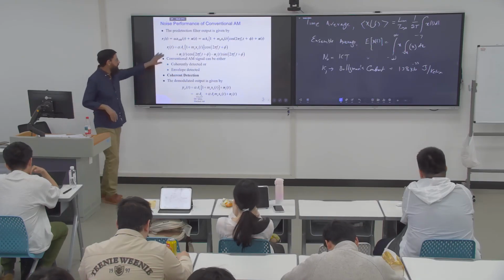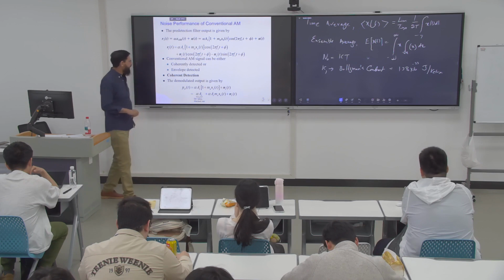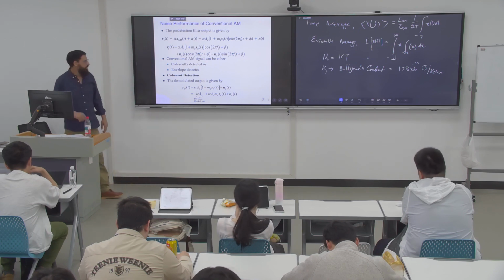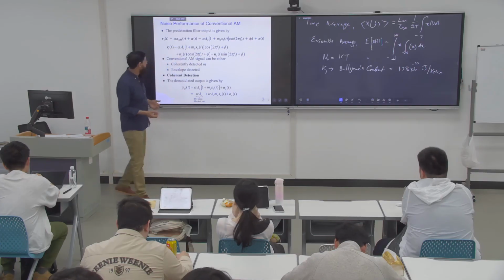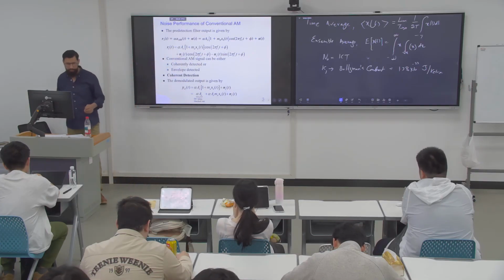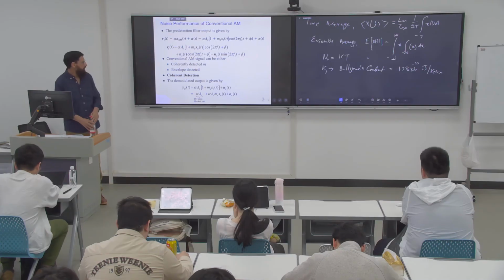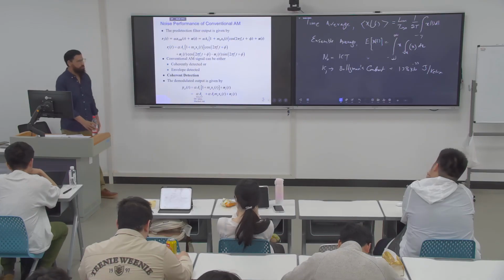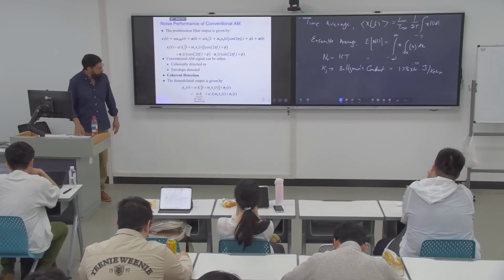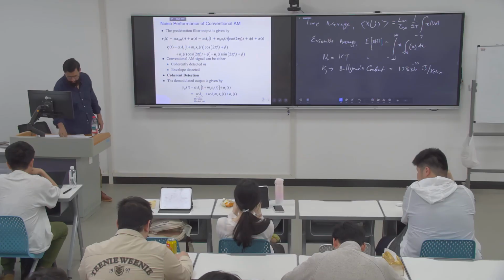Now, a conventional AM signal can either be detected using the coherent demodulation method, or we can also demodulate that signal using the envelope detector. Whichever we want, we can do both ways. So let's do the coherent demodulation.